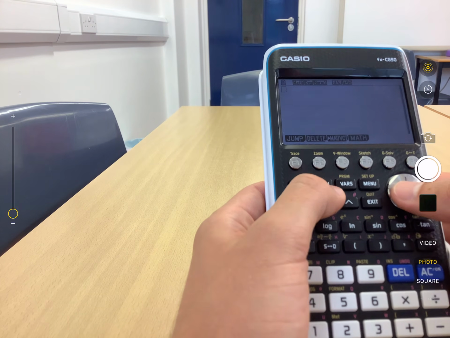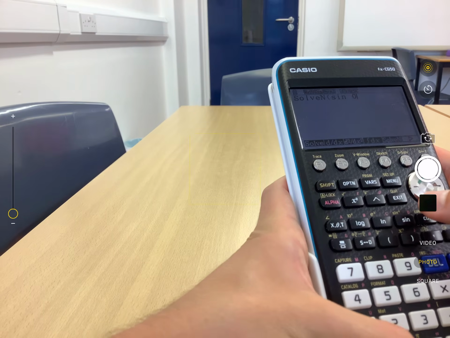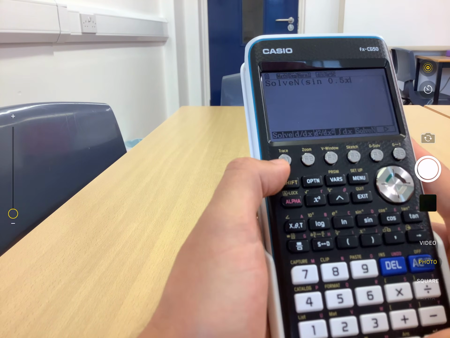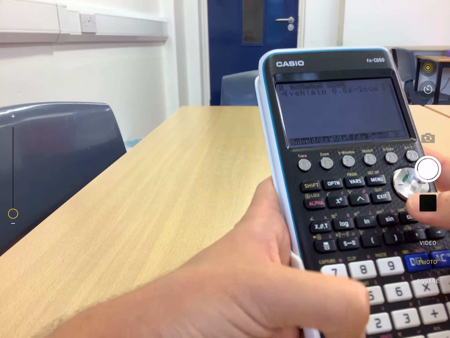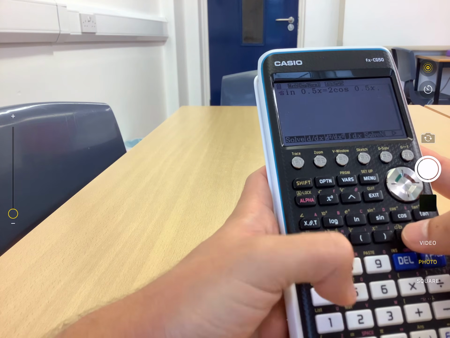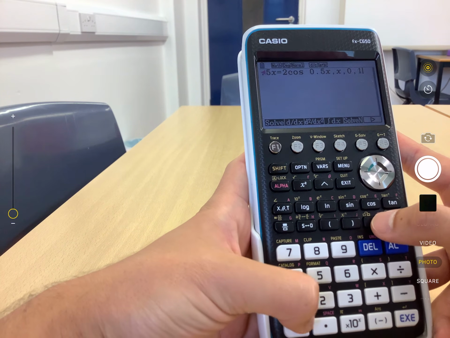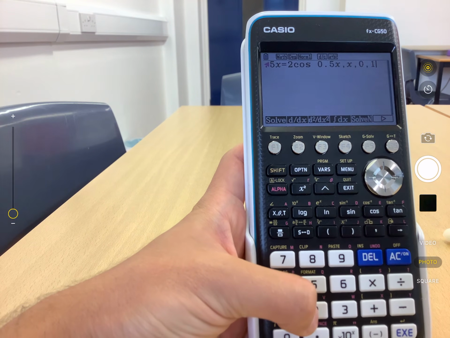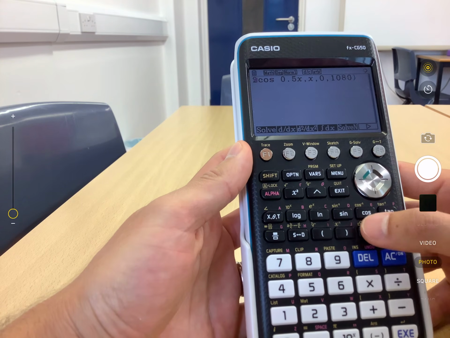Okay, so I'm going to go to options, calculate, solve n, and it was sine of a half x equals 2 cos of a half x, and then I'm going to close that off by doing comma, x, 0, 1, what was it between, I think it was 1080, I hope that's right.